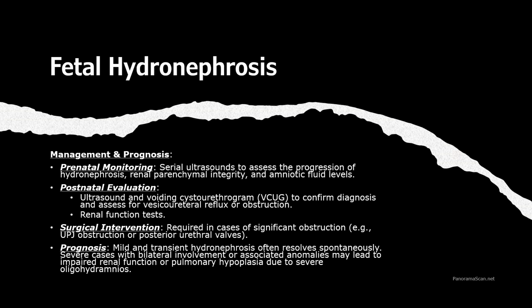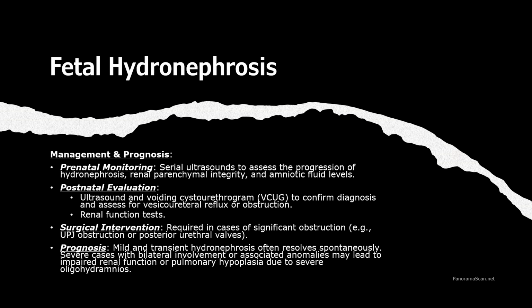Prognosis: for mild hydronephrosis, the prognosis is generally favorable, and many cases resolve spontaneously without any long-term effects. In fact, transient or mild hydronephrosis, especially when detected early, tends to improve as the fetus matures or after birth. However, in cases of severe hydronephrosis, particularly with bilateral involvement or associated anomalies, the prognosis becomes more complicated.